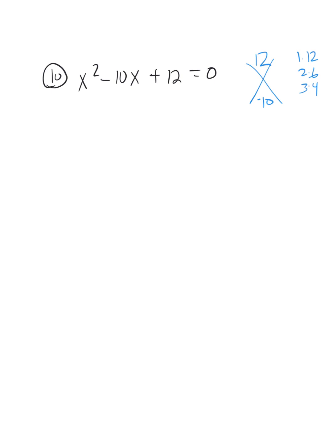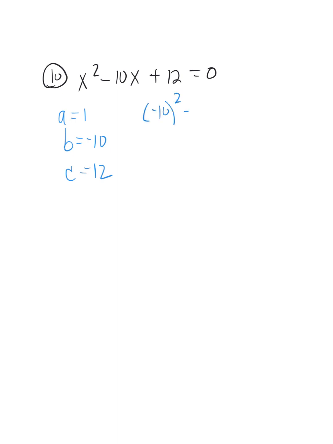So this does not factor. And so therefore, I am going to have to do the quadratic formula. So I'm going to say that the A value is 1, the B value is negative 10, the C value is 12. Negative 10 squared minus 4 times A times C is our discriminant.